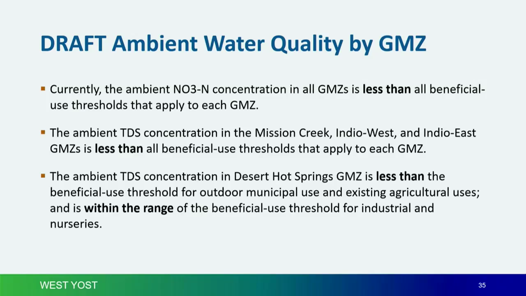And then for the Desert Hot Springs, it's less than the beneficial use threshold for outdoor municipal use and existing agricultural uses, and within the range for industrial and nurseries. So these are some of our preliminary determinations for the draft management zones and our initial estimates of ambient water quality in comparison to the beneficial use thresholds.